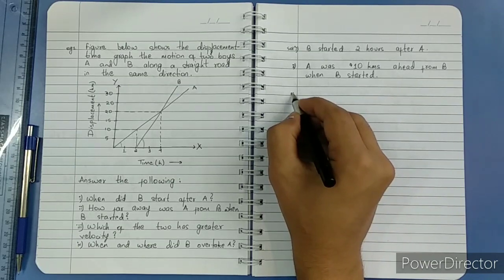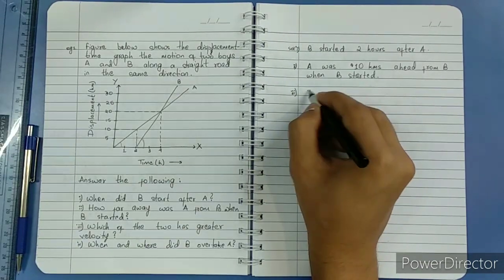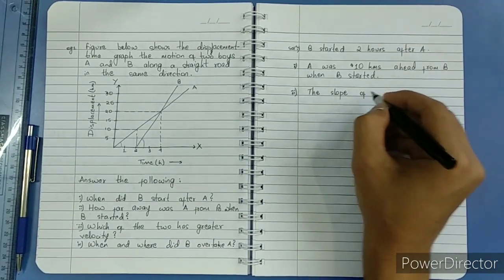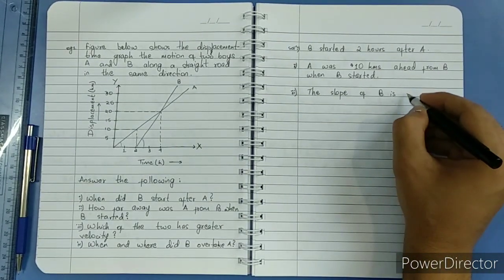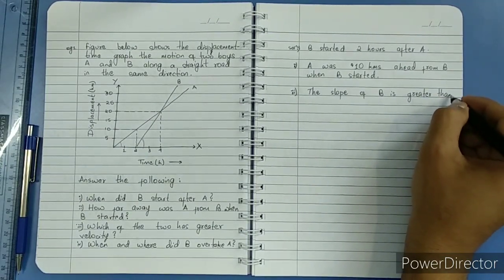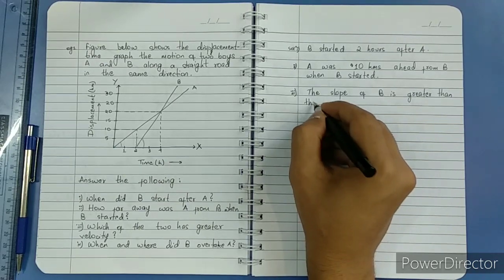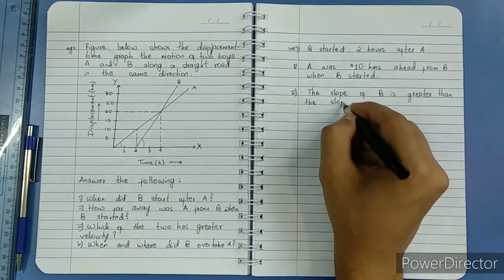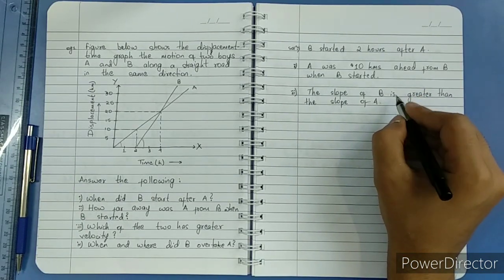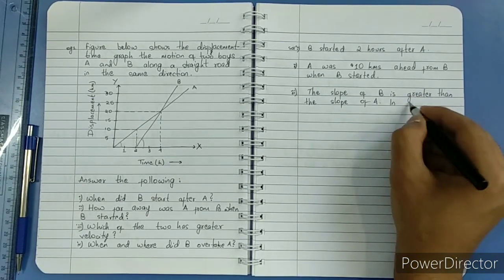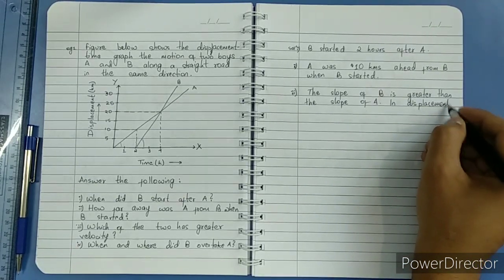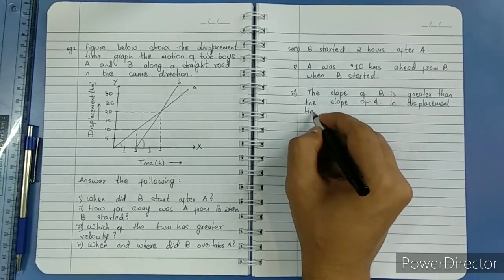So for the third one, we'll write: the slope of B is greater than the slope of A in the displacement time graph.